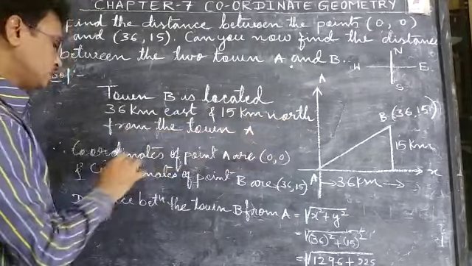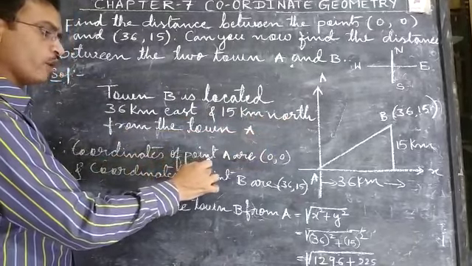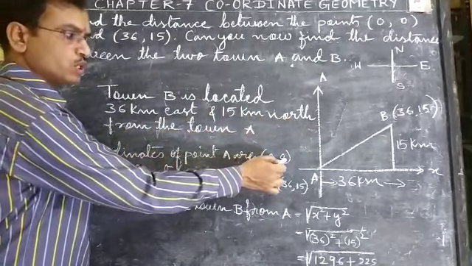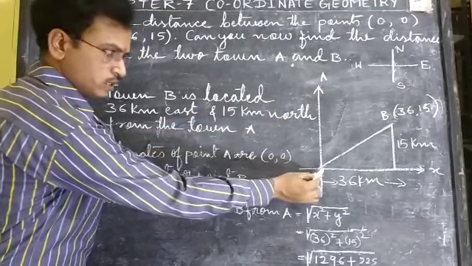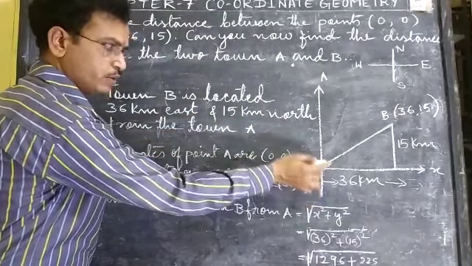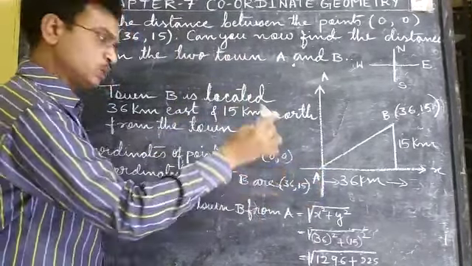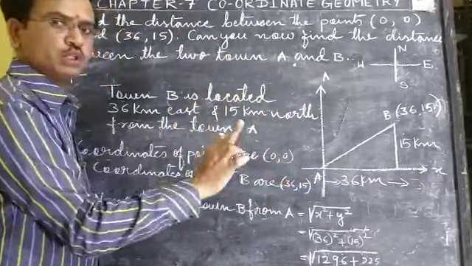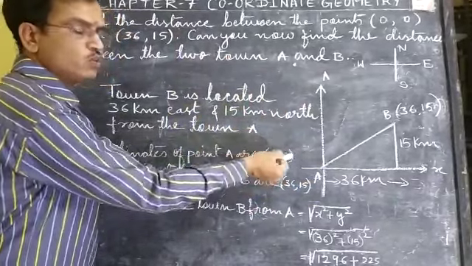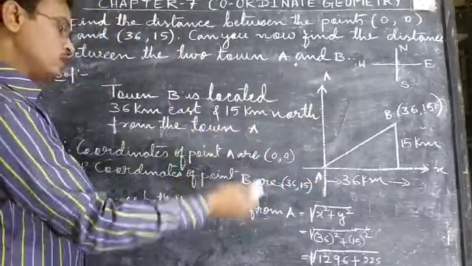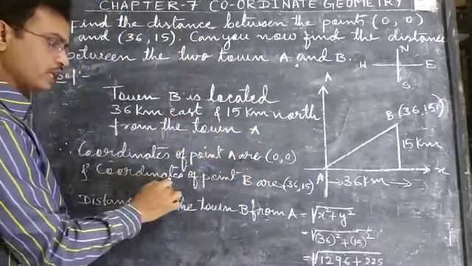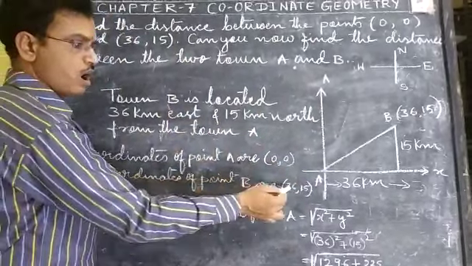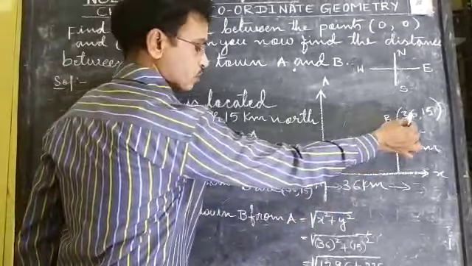Next, the coordinates of point A are 0, 0, because town A is at the origin. X coordinate is 0 as well as Y coordinate 0. The coordinates of point B are 36, 15.